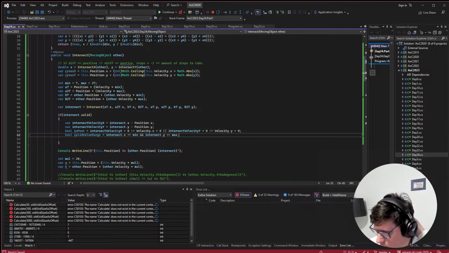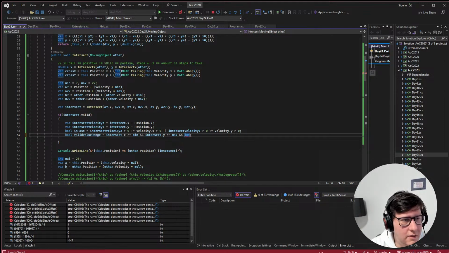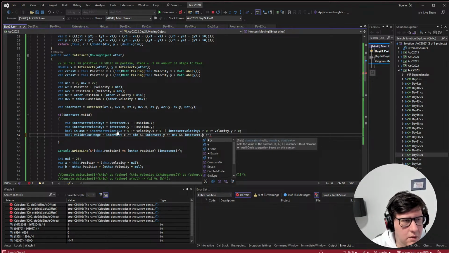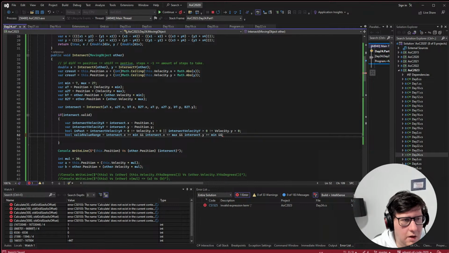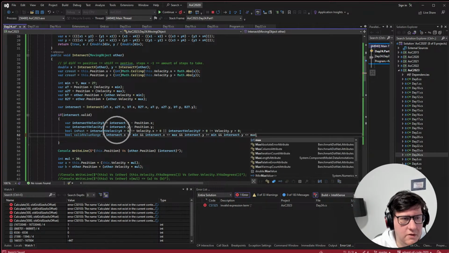And for the next one there will be two distinct values, I think. And intersect x larger or equal, I mean this one needs to be x, y larger than min and intersect dot y smaller than max. Okay.